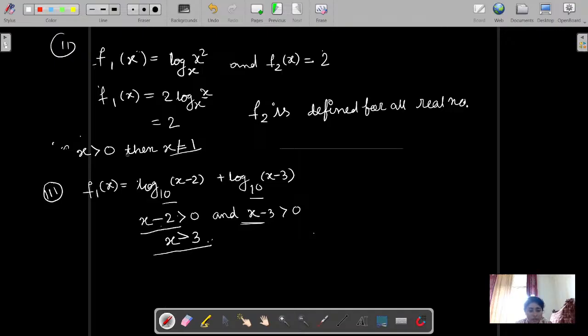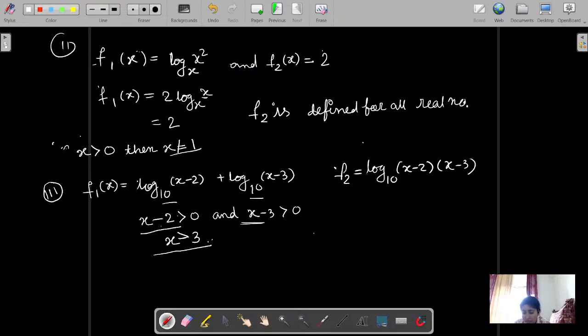Now what about f2? I'm writing f2 here. And f2 is log, the base is the same 10, of (x minus 2) into (x minus 3).